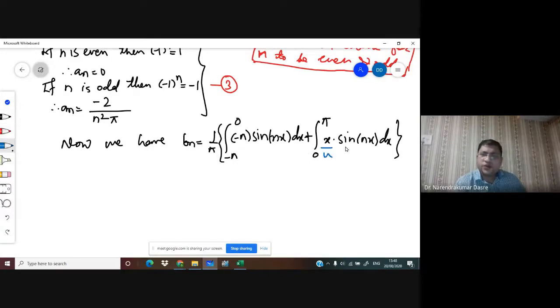Here we have to use the u into v rule. This integral is okay.